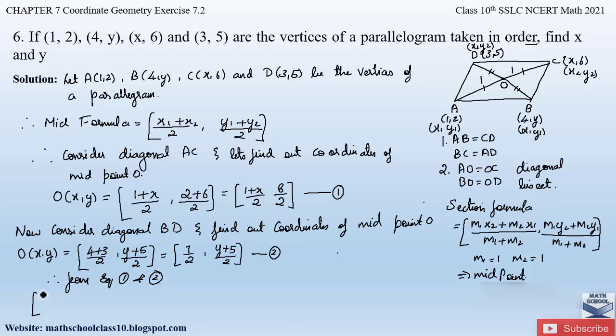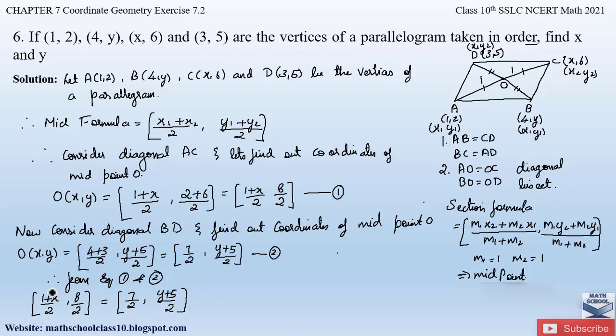Equating, we have (1 plus x) by 2 and 8 by 2 is equal to, from equation 2, 7 by 2 and (y plus 5) divided by 2. Here the first part is the x coordinate part. So now let us equate the x coordinate part and y coordinate part separately.